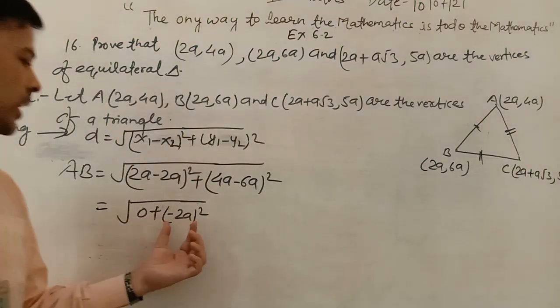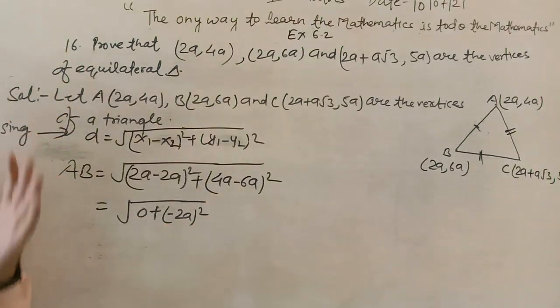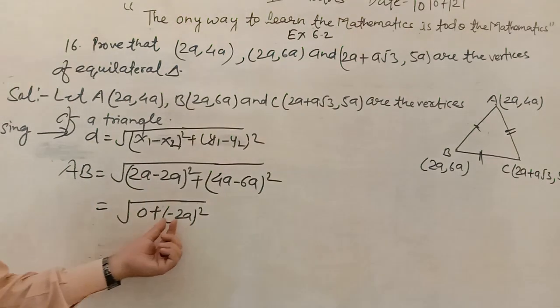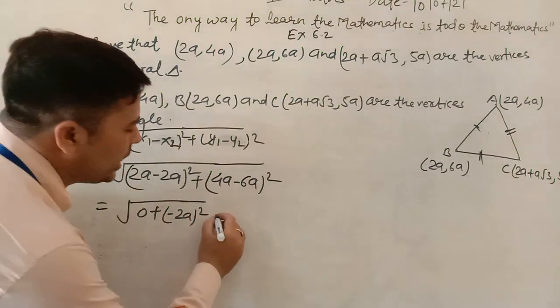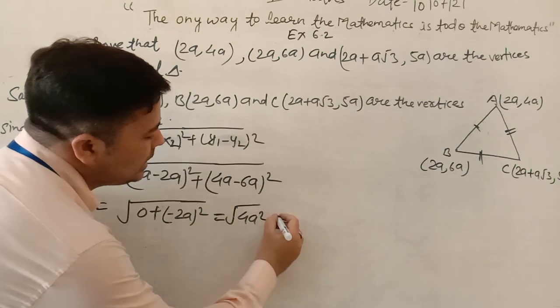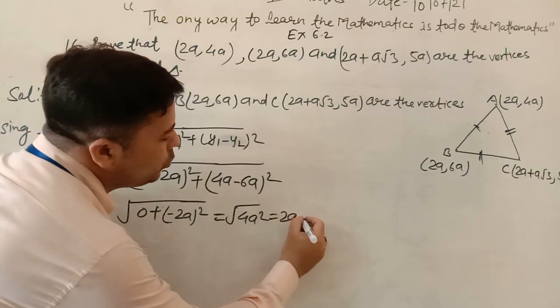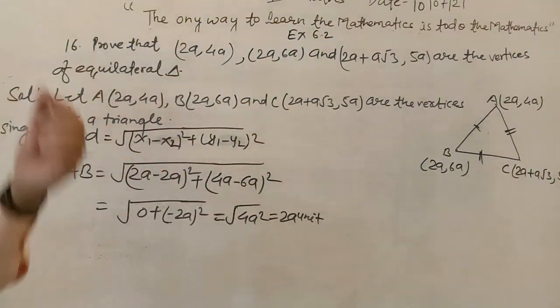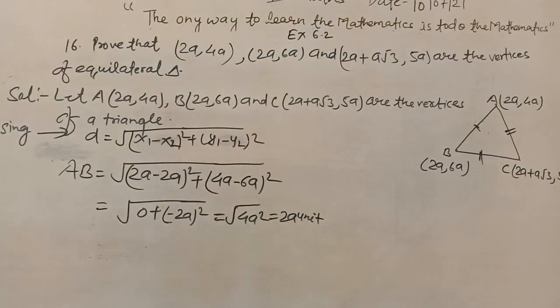You know that if you square a negative sign, it becomes positive. So it is plus 4a square. This becomes the square root of 4a square, and its square root is equal to 2a, and you have to write its unit. The value of AB is now 2a unit.